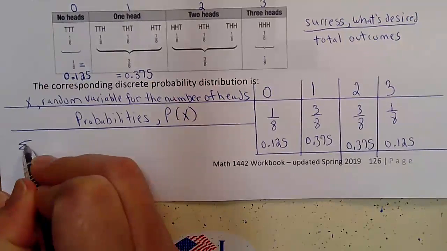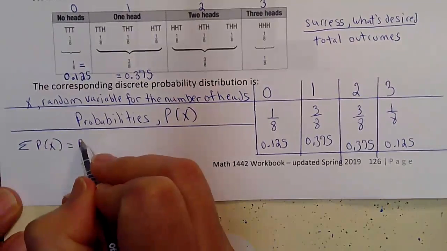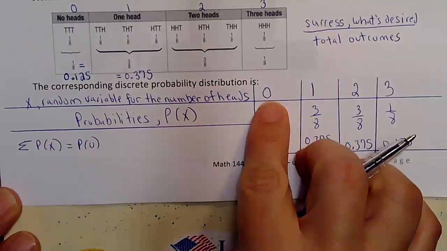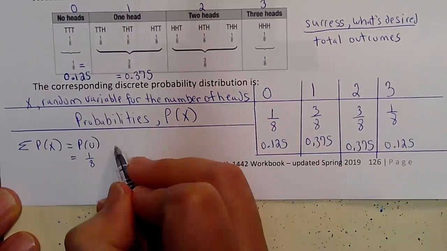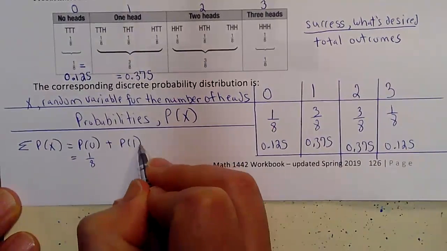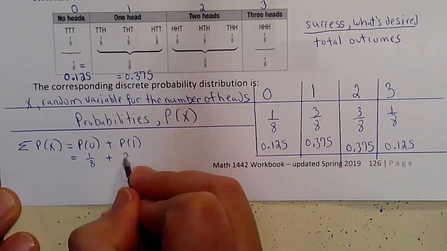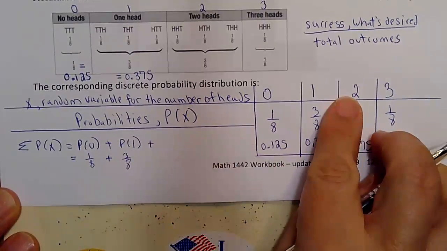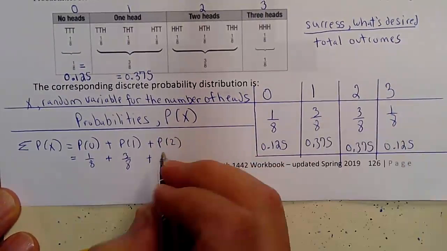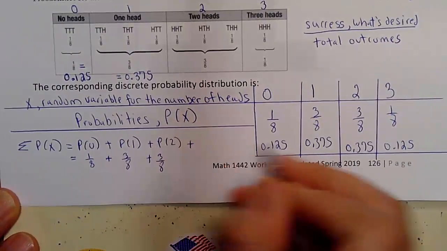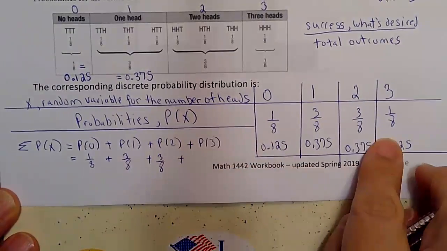Summation, that's a sigma summation of P of X. So I have P of 0, which is 1/8 if I stick with the fractions, plus probability of 1, and that is 3/8, plus probability of 2, and that is also 3/8, plus probability of 3, and that is 1/8.